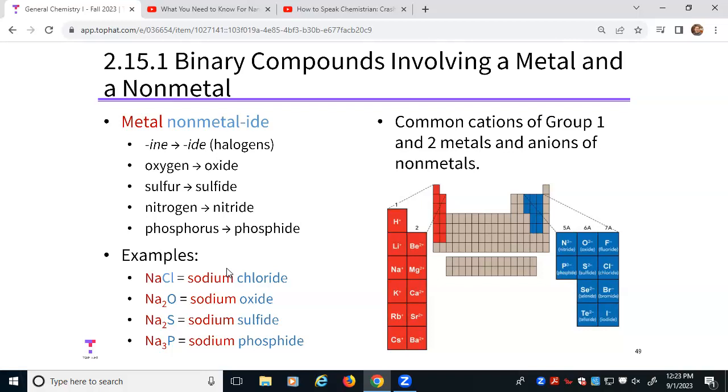And so when I put those two things together, I get compound names like sodium chloride, potassium chloride, sodium sulfide, sodium phosphide, calcium chloride.